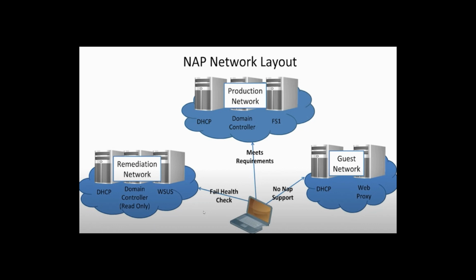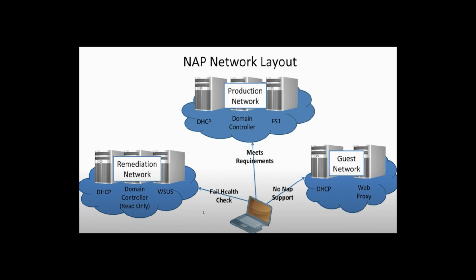We also have another network, the remediation network, that we use to keep that client updated and perform some more health checks on it. While if that client does not support NAP, as it does not have the NAP agent to connect with the NAP server, then it can go to the guest network.